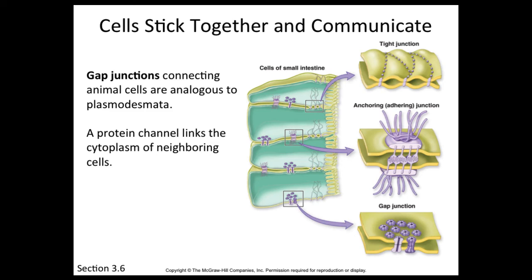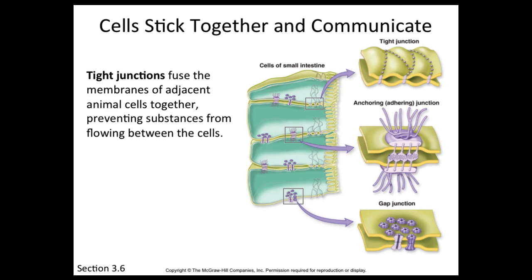Animals have other types of ways to stick together. The first is called a gap junction. Gap junctions connect animal cells, and they are analogous to plasmodesmata, meaning they have a similar structure. They almost look like little tunnels that connect these animal cell membranes together.